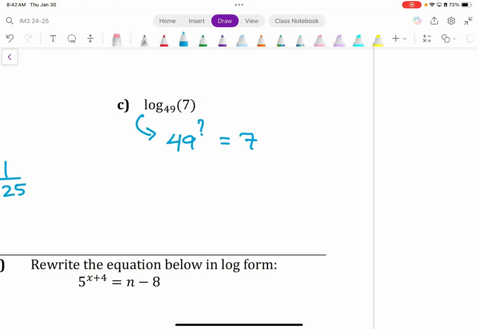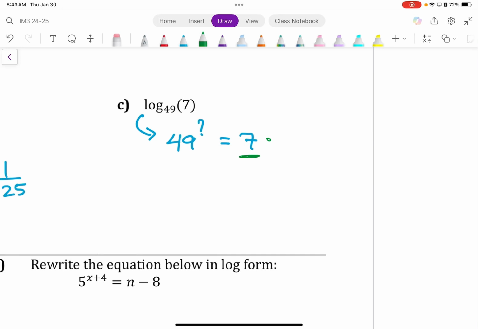Now, it's probably easier if we think about it in terms of how many times does 7 go into 49? Like how many times do you need to multiply 7 times itself to get 49? Because that's going to give you part of the solution here. So 7 times itself, like how many groups of the same size would I need to get to 49? In this case, I would need 2 groups of the same size, right?